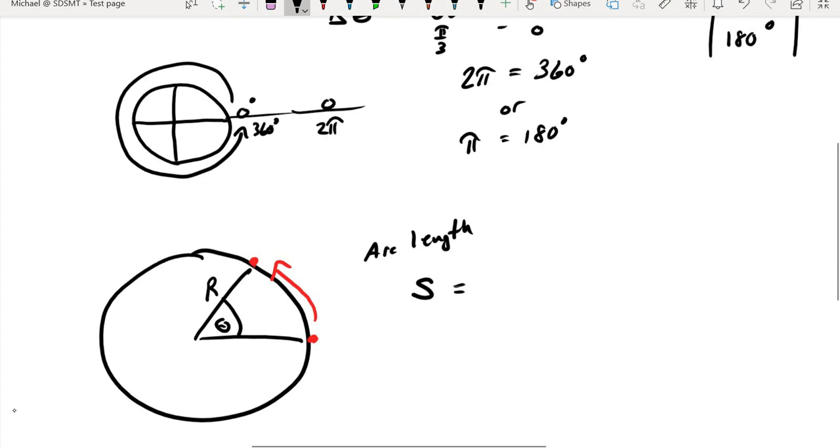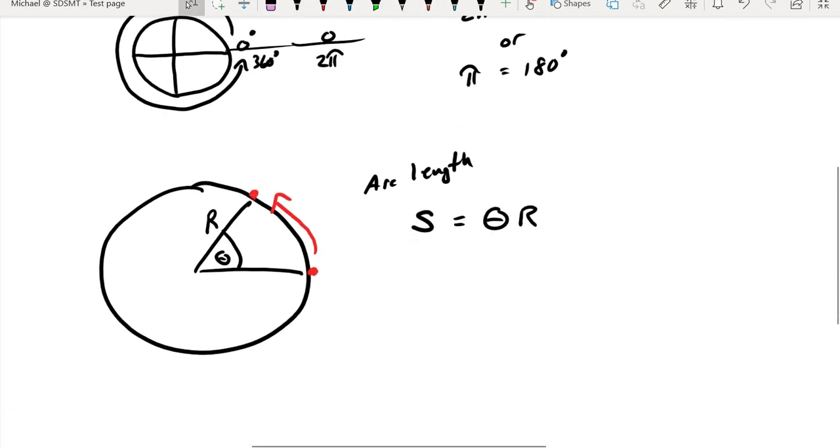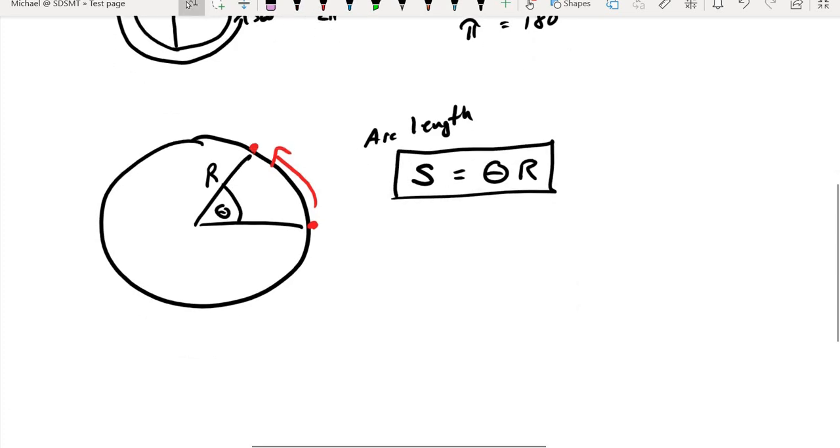And that relationship is theta times r. And this equation can actually be supported by using the circumference equation that we're all too familiar with.